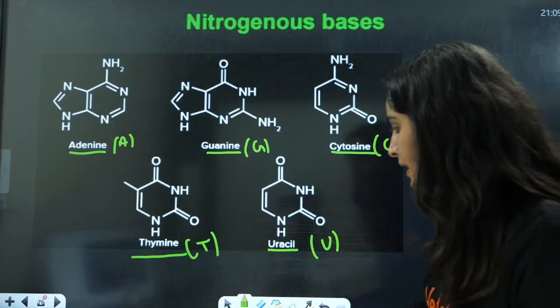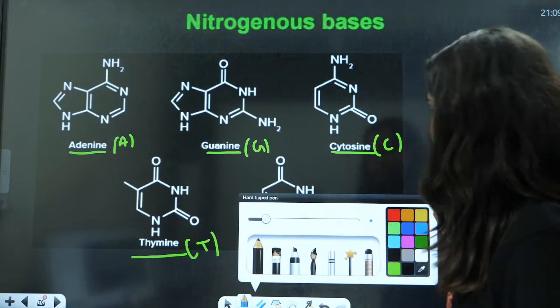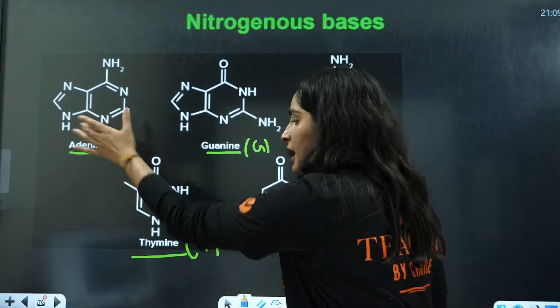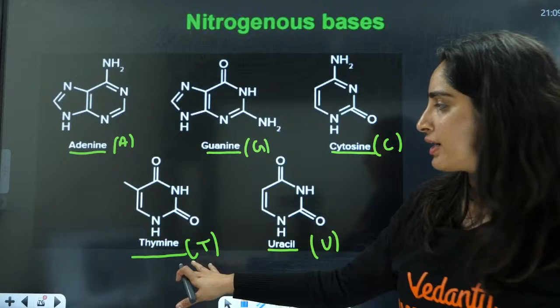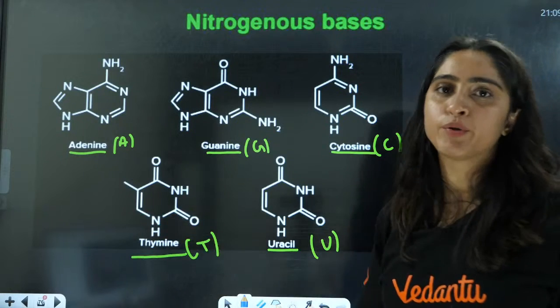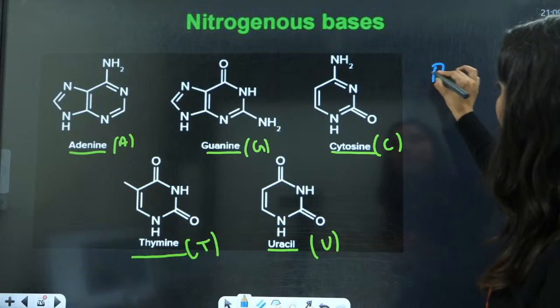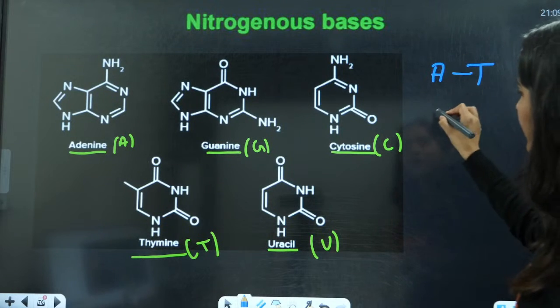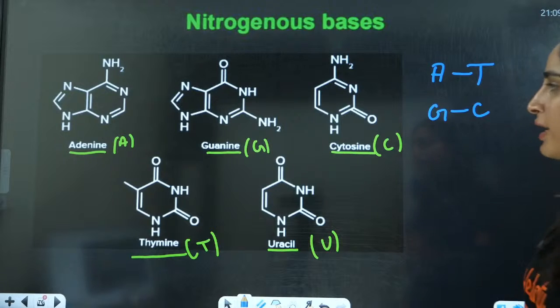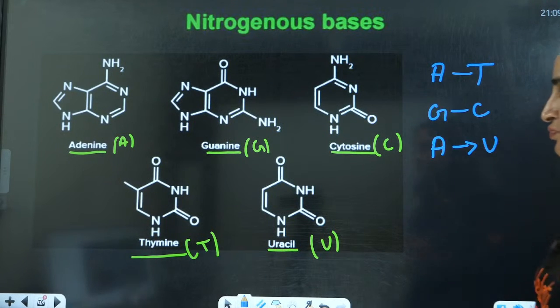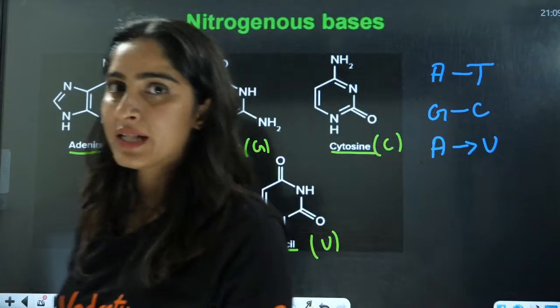Okay, so now everybody always remember this thing. One derivative of pyrimidine will be hydrogen bonded with one derivative of purine, right? Okay, that means A will have hydrogen bonding with T and G will have hydrogen bonding with C, or A will have hydrogen bonding with U. Okay, understood this?